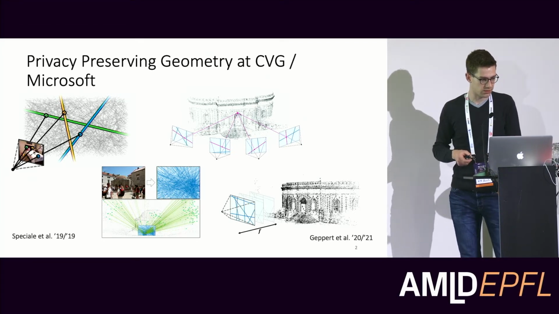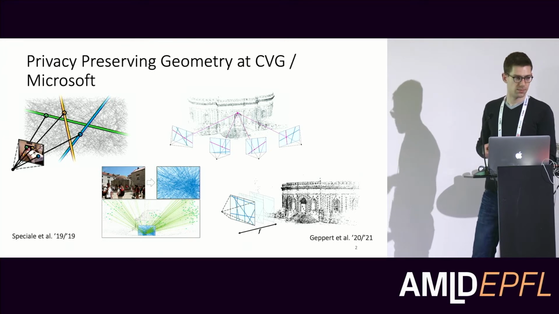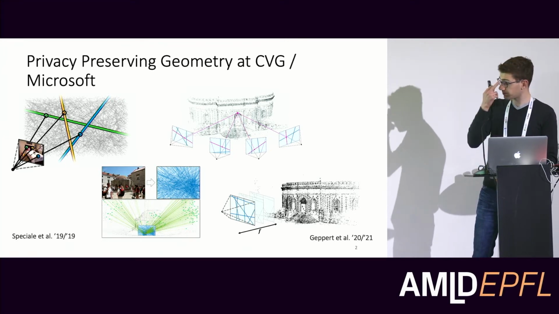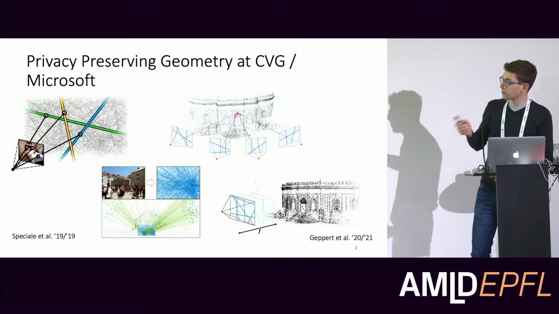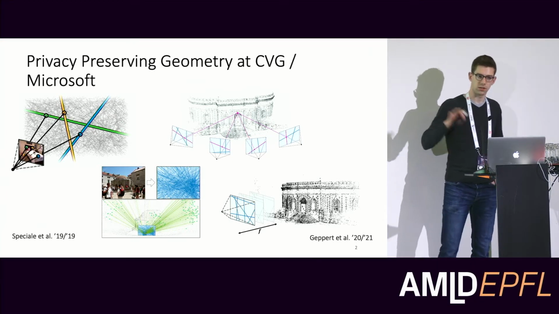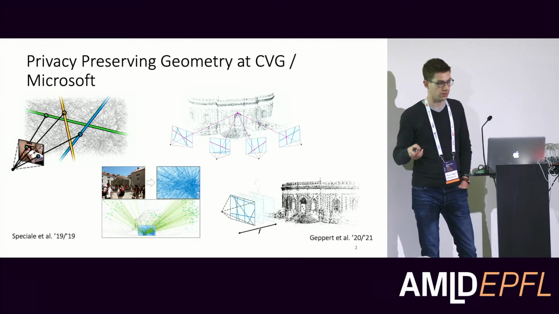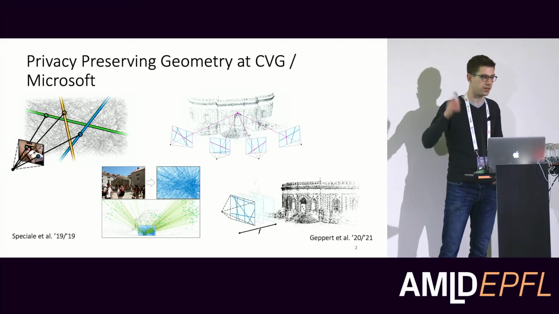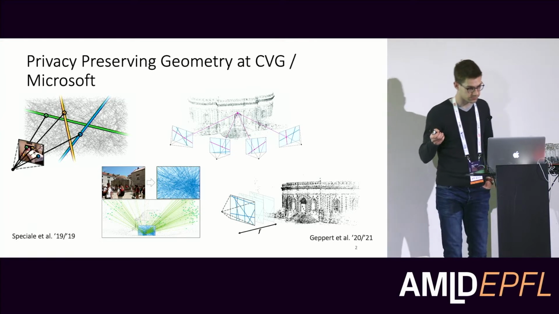It basically started with two projects done by Pablo Speciale back in 2019. In the first project, they replaced the point cloud used as a map for localization with a line cloud by simply passing a randomly oriented line through each point.